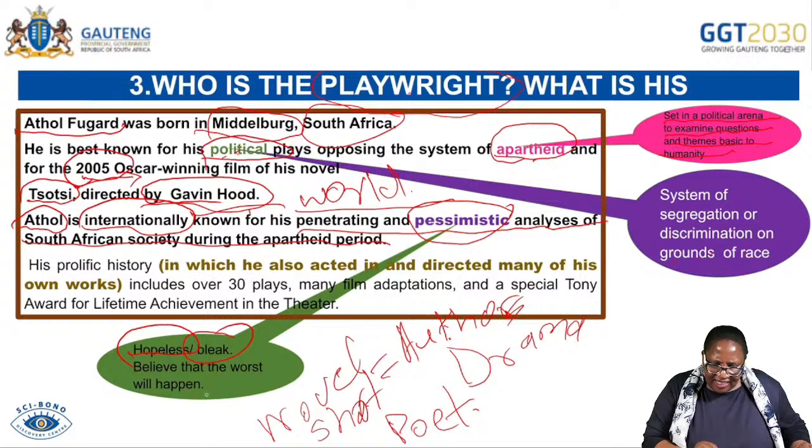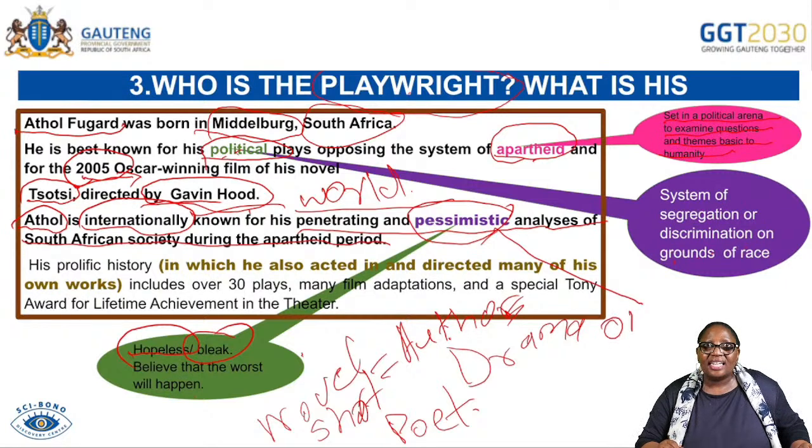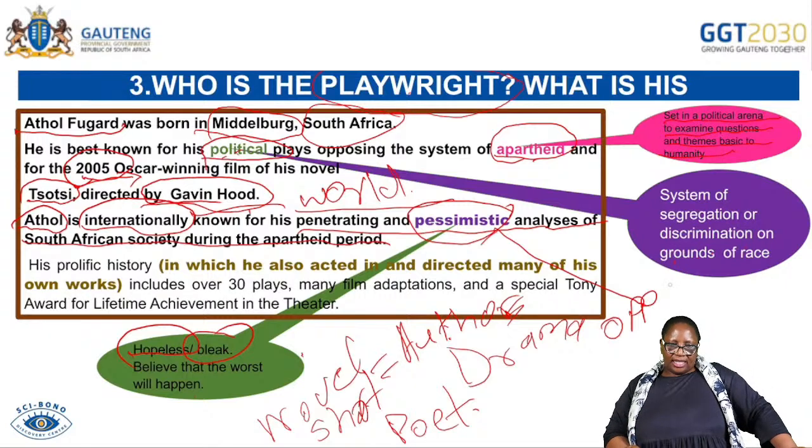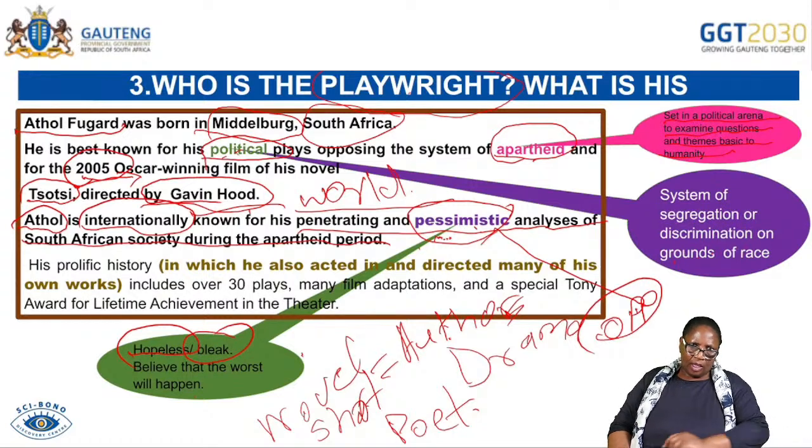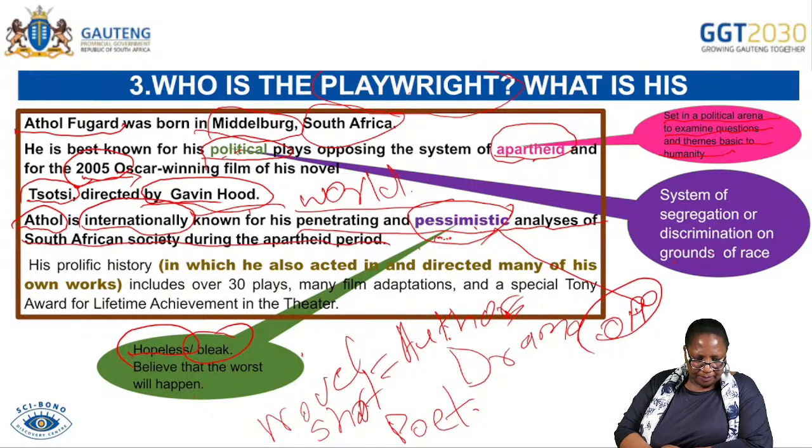They believe that the worst is going to happen. And the opposite of pessimistic is... I want you to try and find that word, the opposite of pessimistic, when you are hopeful.